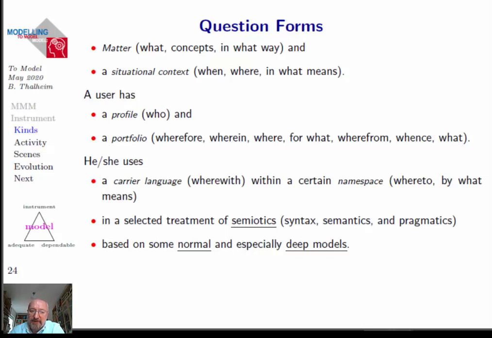And it is of course issued by a user who has a profile and a portfolio, and the user uses a query language within a certain namespace, and in this case we can map it somehow like we did in chapter 4 on language issues based on semiotics, and of course maybe differentiating between the normal and the deep model.